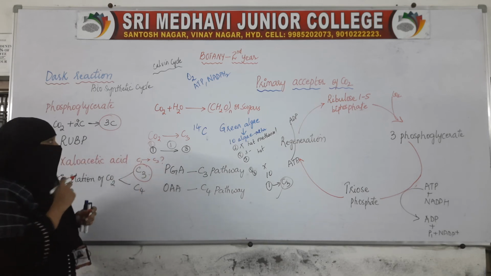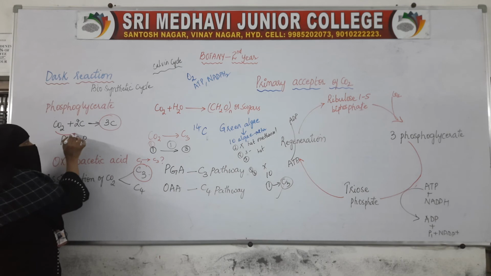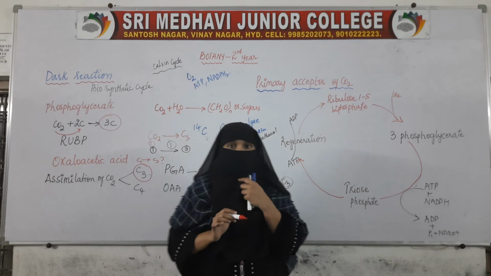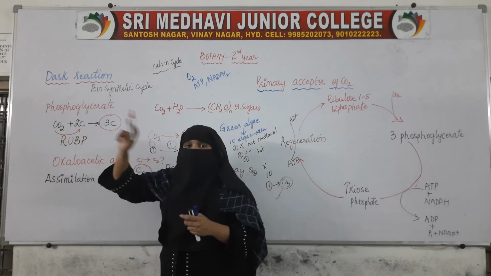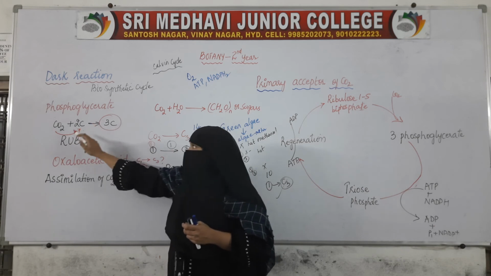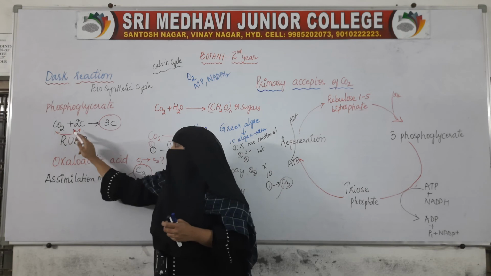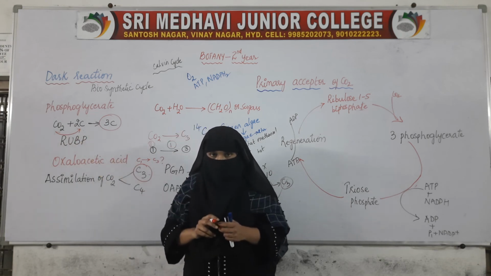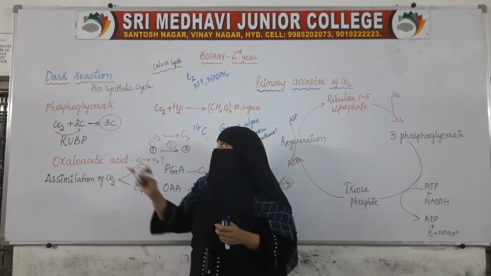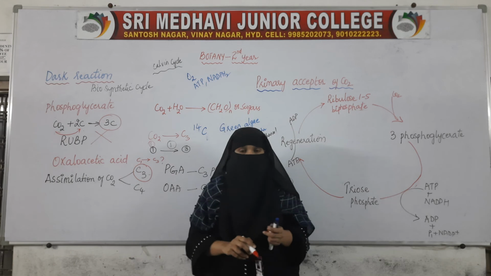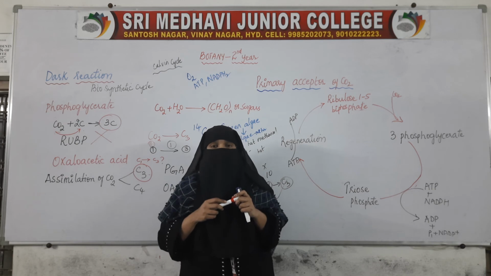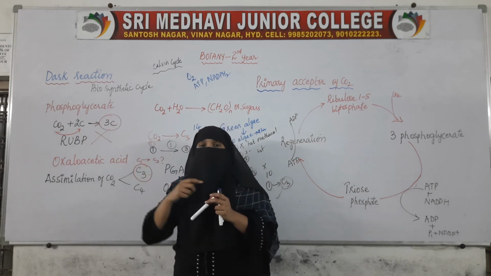First the scientists thought that carbon dioxide, which is a 1 carbon compound, might combine with a 2 carbon compound, and when they combine, it forms a 3 carbon compound. But later on they found that this is not the case. Carbon dioxide is not combining with a 2 carbon compound.